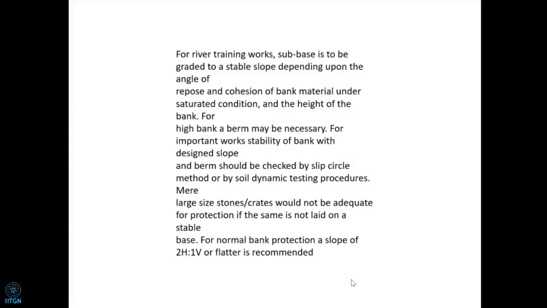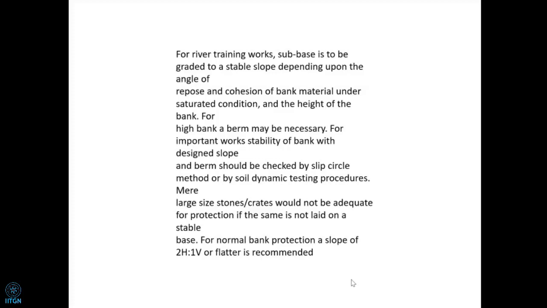In a bank, the bank has to be stable. If you are going to place a material, armor, or other protection, the bank slope has to be stable by itself. If it is not, you have to check the stability of the slope.